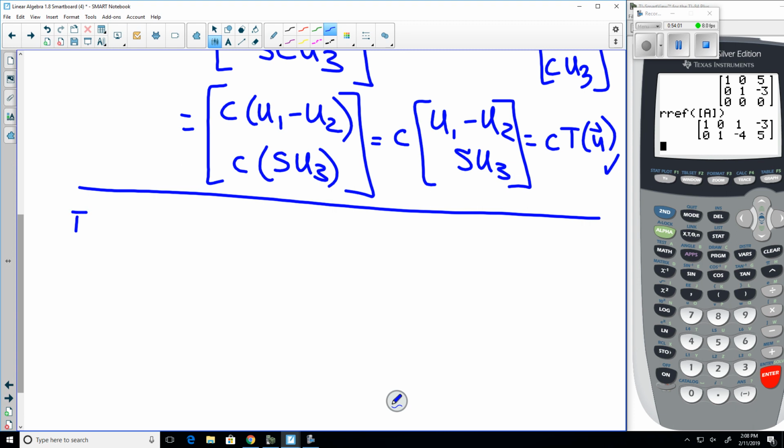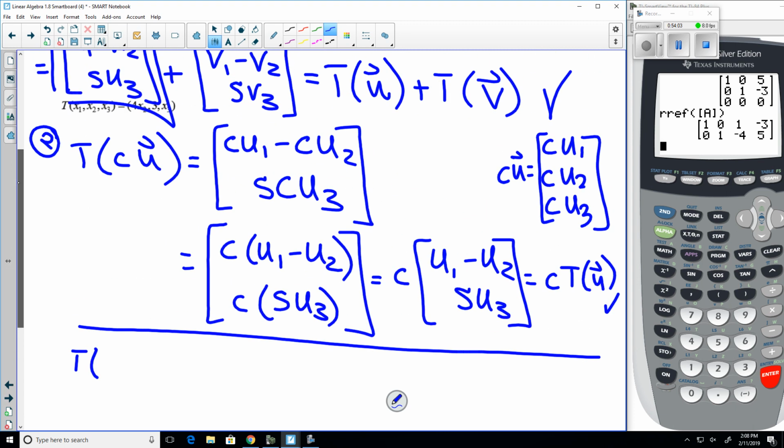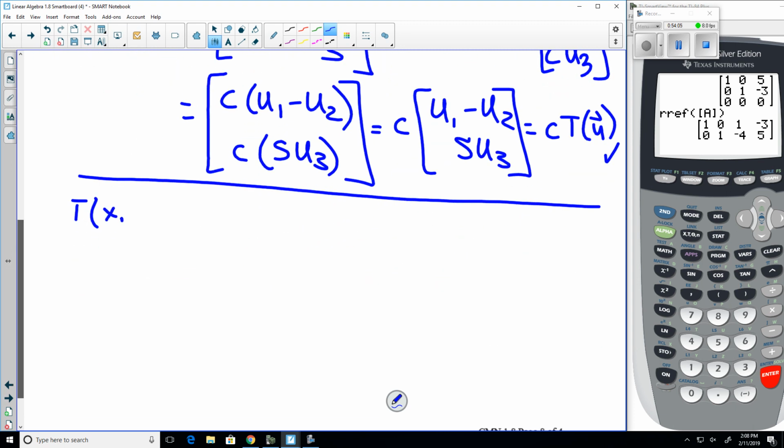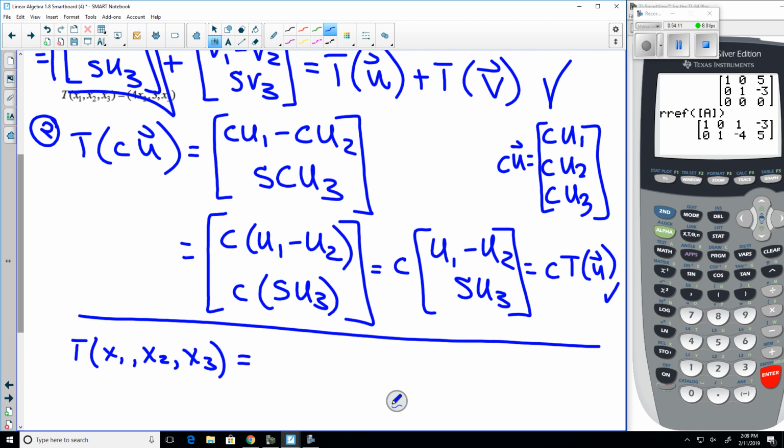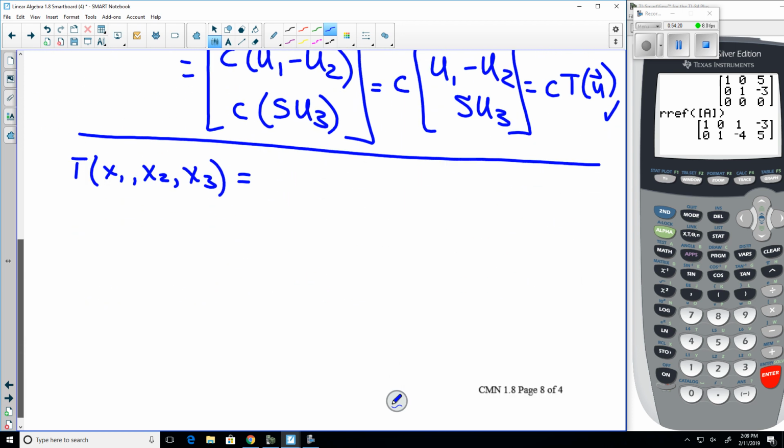So let's look at this other one. Four x2, 3x3.